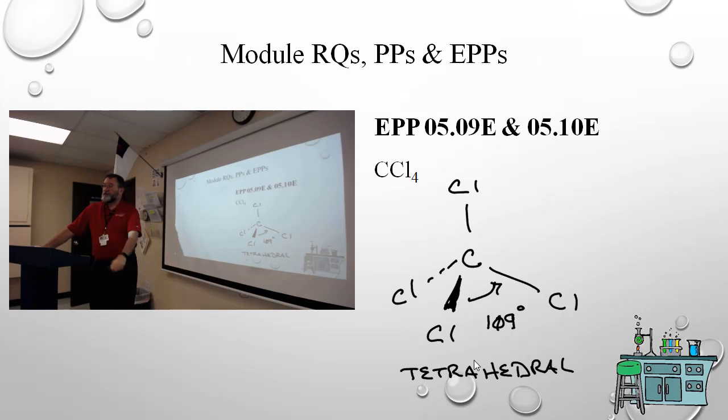The test for polar is, does it have polar bonds? Yes. Is it asymmetrical? No. Therefore it is nonpolar. It failed the test for polar. So it's nonpolar. Remember, if it's a tetrahedral, it has to be 4 identical bonds. Do we have that? Yes, we do. So it's nonpolar. Will it dissolve in water? No, it will not.